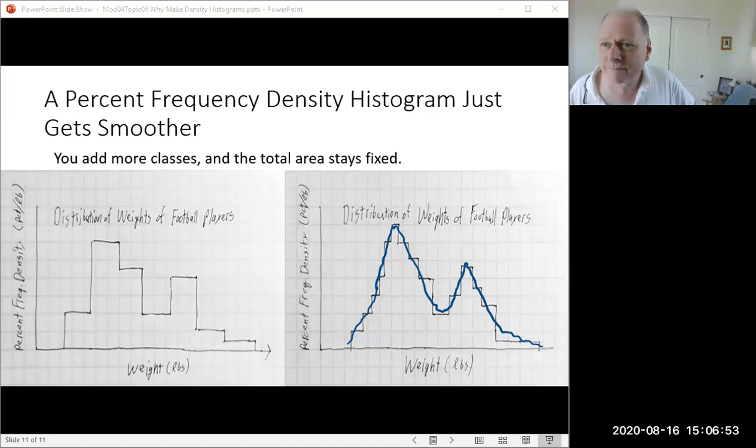So our data produces chunky histograms, but maybe some kind of probability theory might give us a smooth curve that we think this histogram should approach. And part of the job of statistics is to measure the goodness of fit, to compare the theoretical curve, which is the smooth blue curve in the right-hand diagram here, against a chunky histogram made from data.